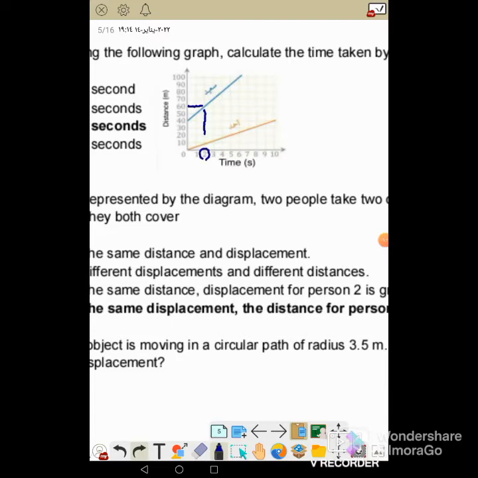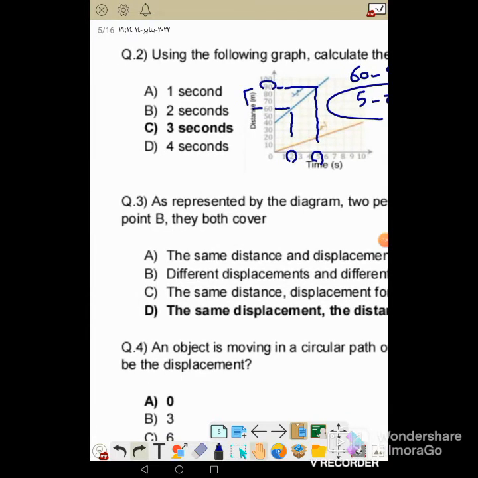It will be 2. Go to 90, draw another line and determine the corresponding time. It will be 5. So the distance from 60 to 90 takes time 5 minus 2, 3 seconds. So the answer is 3 seconds.